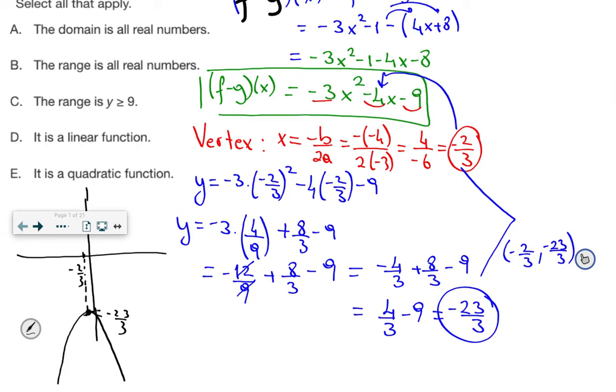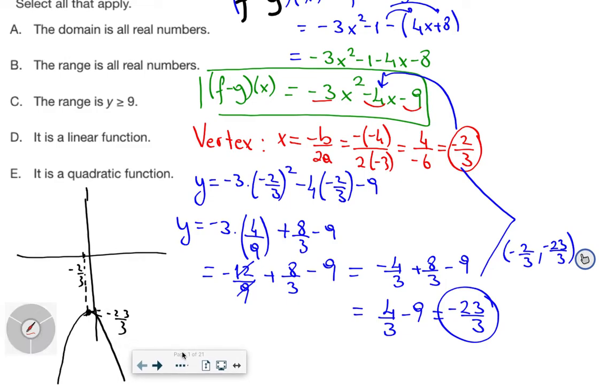The domain is all the real numbers. Yes, domain is that all x values you can substitute. You can substitute all x values. So A is correct. The range is all real numbers. No, the range is not all the real numbers.